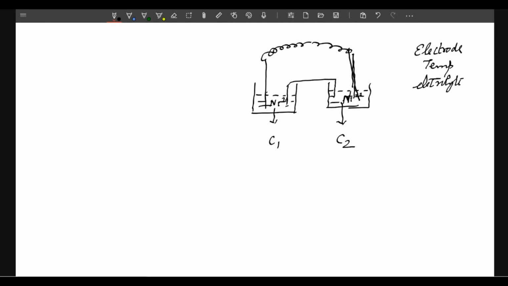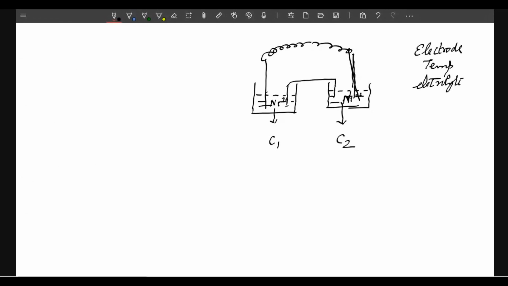If you see this, you can easily construct the concentration cell with the electrolyte, and which side the higher concentration should be, and which side the lower concentration should be. Looking into the representation, in this electrolyte concentration cell, whether electricity is produced or consumed, you can easily say from the representation itself.